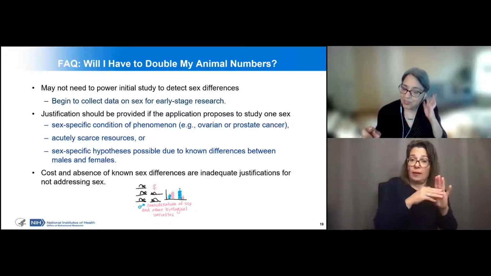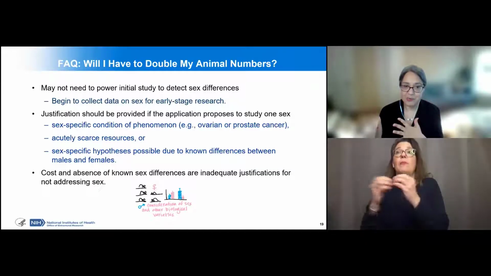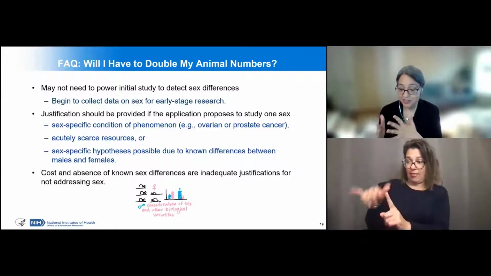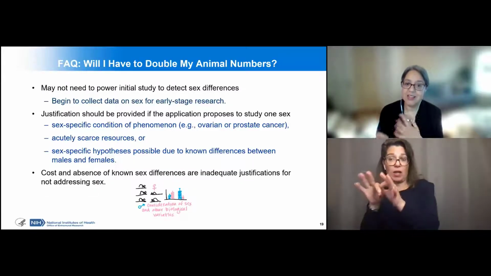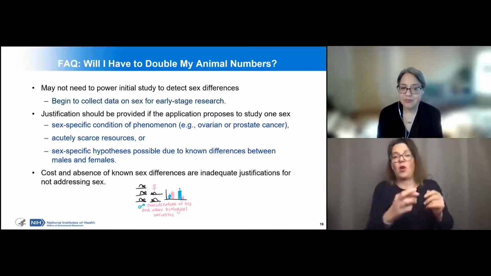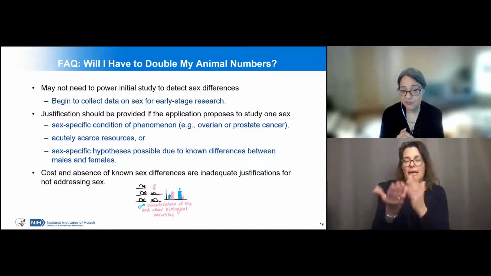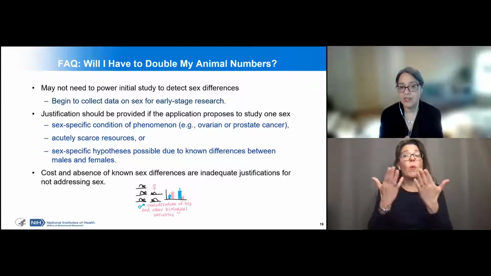By the time you reach a late stage, you may have more information about whether what you're studying is more relevant for males or females, and then you can make a decision to study only one or the other. Again, the justification should be provided in the application if you're proposing to study one sex.